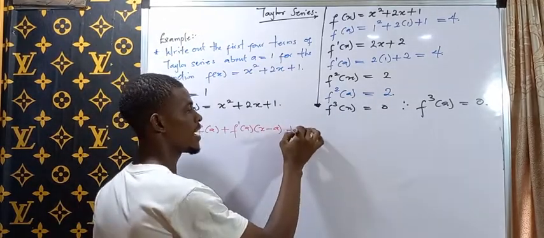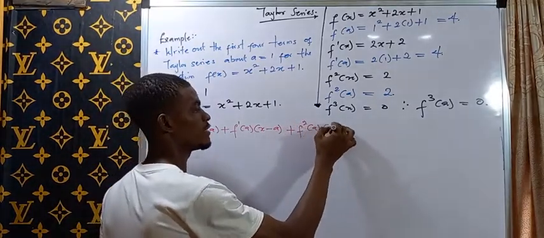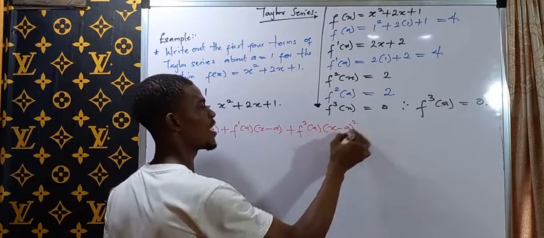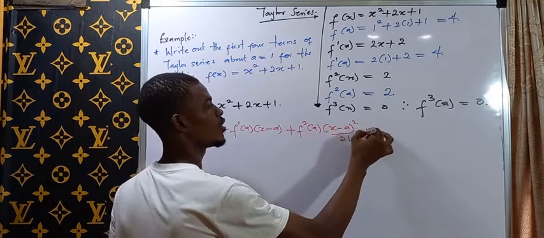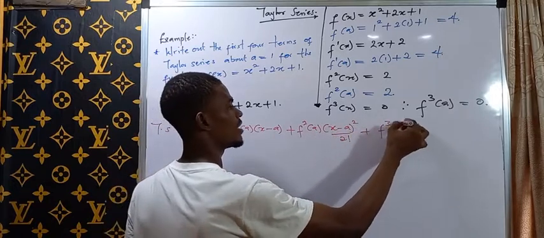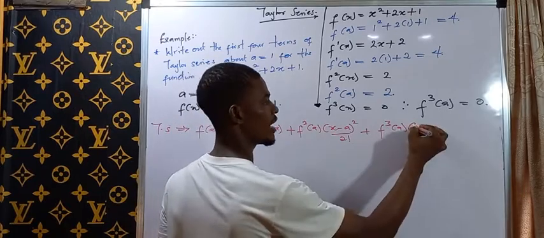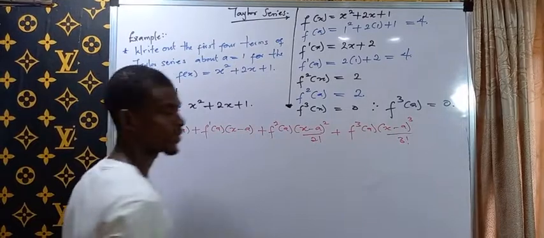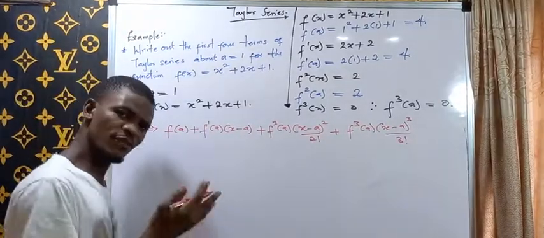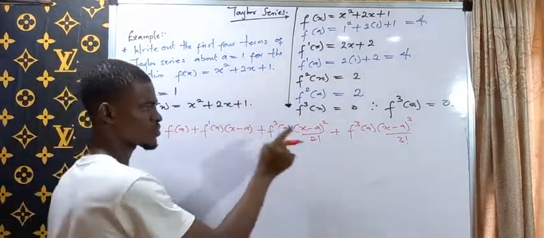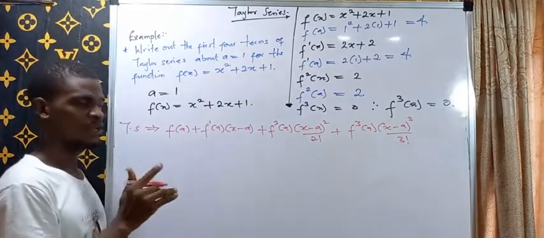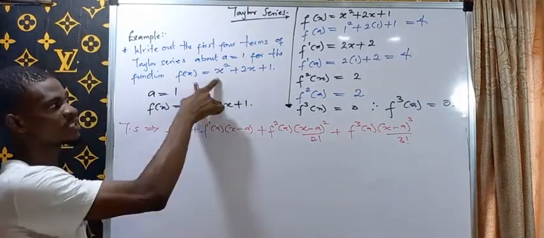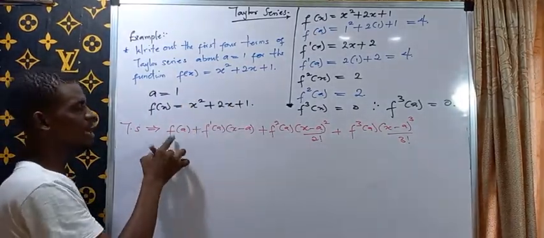Plus f2 of a into x minus a squared over 2 factorial plus f3 of a into x minus a raised to power 3 over 3 factorial. The question says the first 4 terms, 1, 2, 3, 4. I'll stop there.